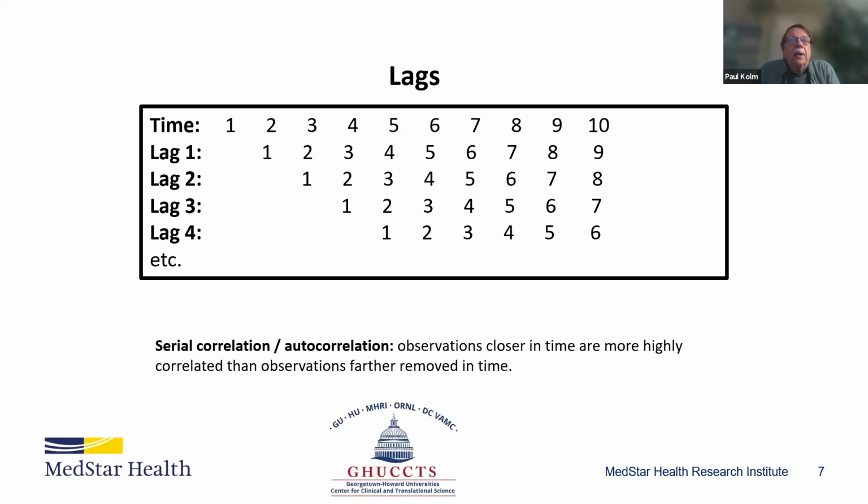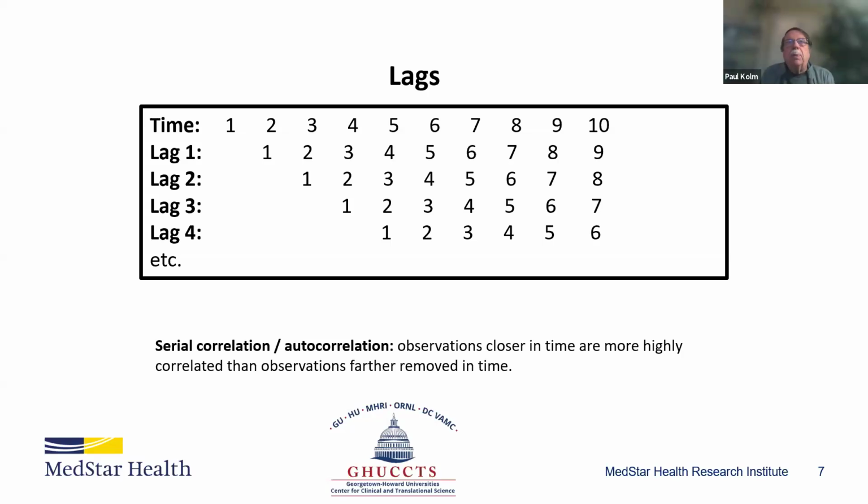And so the basic idea here is that observations closer in time are more highly correlated than observations further removed in time. And so the correlation between time 1 and time 2 you would expect it to be higher than, say, the correlation between time 1 and time 5, or time 2 and time 6, and so on.